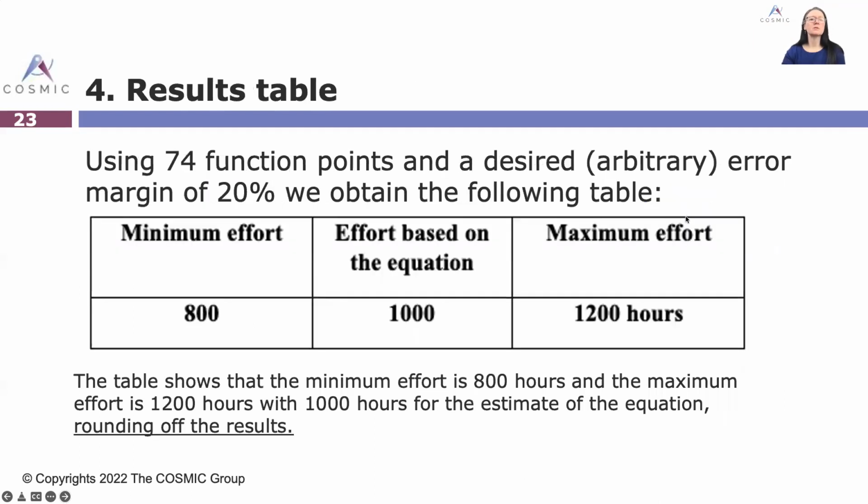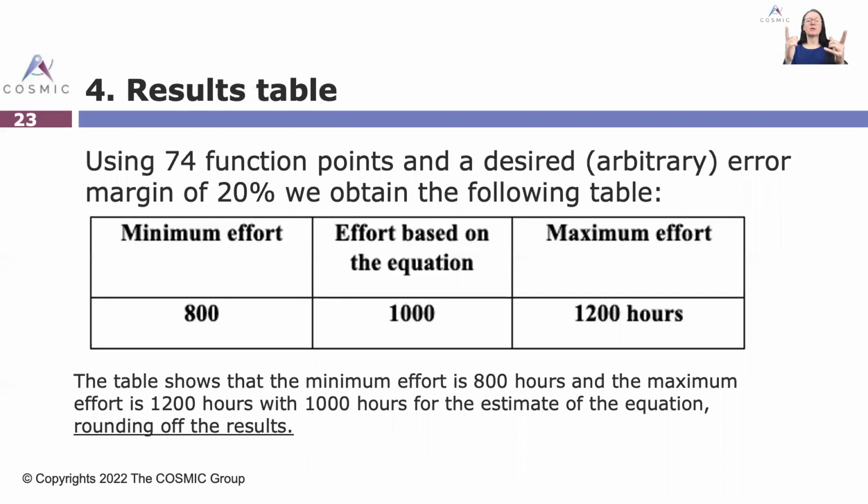Then our result table, using 74 function points and a desired arbitrary error margin of 20%, let's say, we obtain the following table. So the effort based on the equation is 1000 person hours. So 20% less is 800, 20% more is 1200.